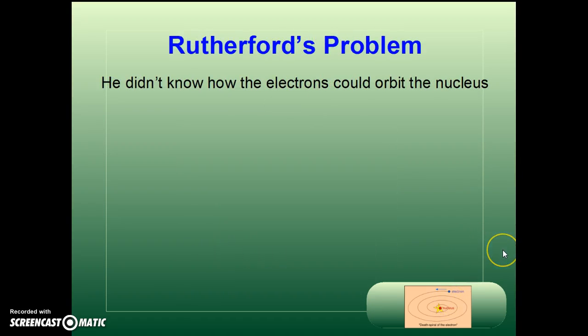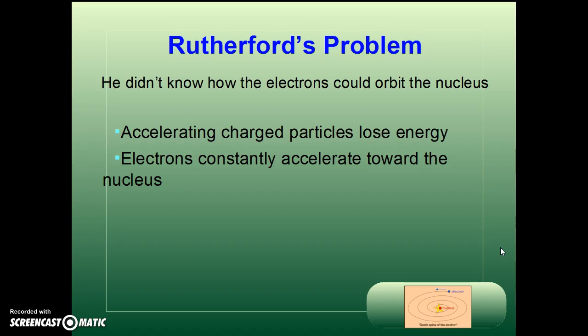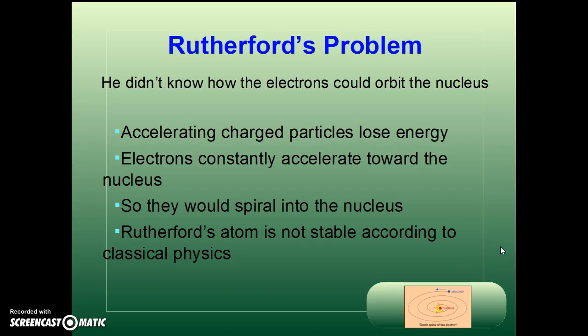Now, Rutherford's problem was he didn't know how it was that the electrons could orbit the nucleus, because we know that accelerating charged particles lose energy. Electrons are constantly accelerating towards the nucleus. Therefore, they would spiral into the nucleus if they were revolving about the nucleus. According to classical physics, Rutherford's atom could not hold up. It would collapse.